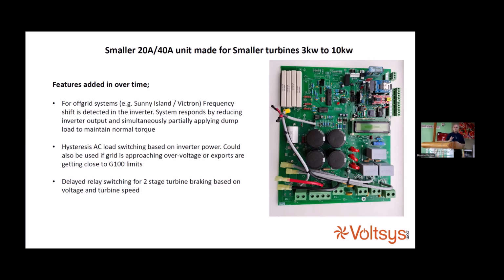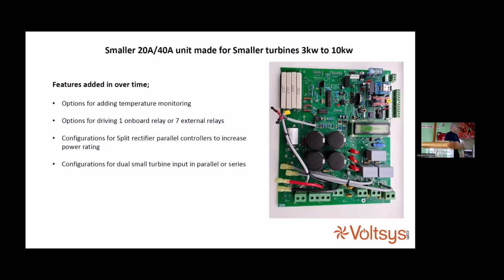So we leave the dump load on 100% and release the short circuit brake on the turbine. We see how quickly it accelerates to 30 RPM. If it gets up to 30 RPM within 2 seconds, you know the wind hasn't died yet. So you put the brake back on again and you wait another 10 minutes and you do this test. So we use the turbine as an anemometer to see if it's safe to switch it back on again.